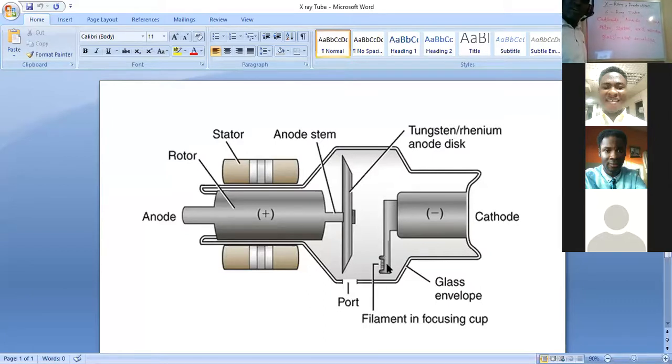Most X-rays have that. If I want a smaller image, I use the small focus, and for a bigger patient, just press the big focus spot. And these are tungsten and so on. Then this is the glass envelope. These are the parts of the X-ray tube.